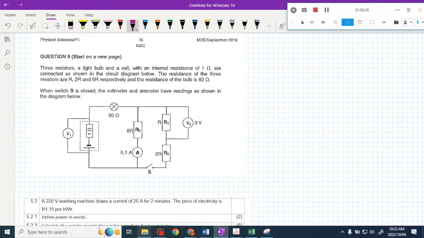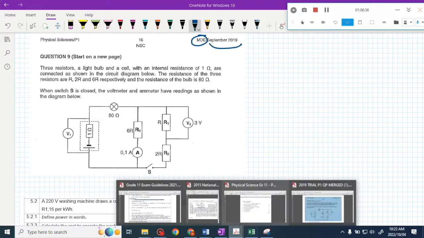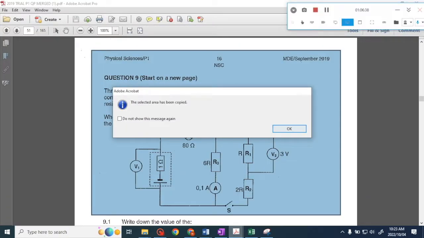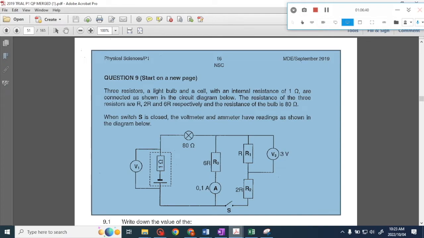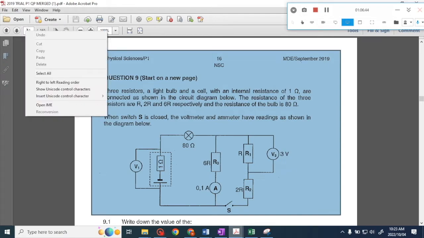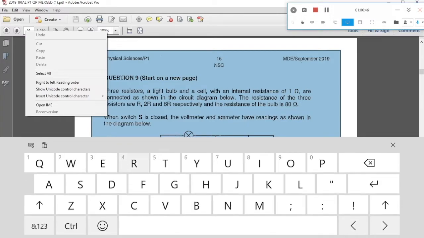If you go into the pack that I've given to you, this is somewhere towards the top of the pack. MDE September 2019. Let's see. So this is not the pack that I gave to Junior Turkey. It's completely different if you were there. Page 51. So you're just going to have to page about, what's 50 divided by 4? Something like that.